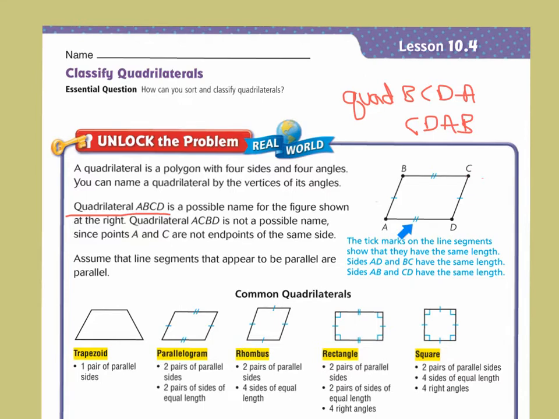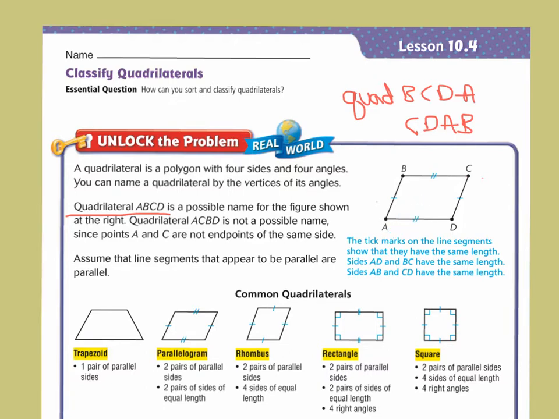But in this case, you have the top and the bottom. Line segment BC is the same length as line segment AD, and line segment BA is the same length as line segment CD. That's what those little blue tick marks mean. So opposite sides in this parallelogram are of the same length.